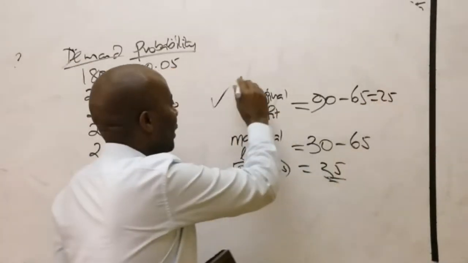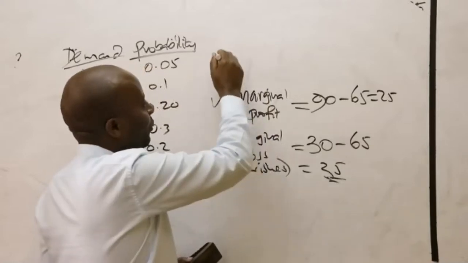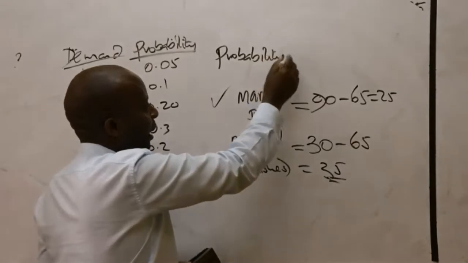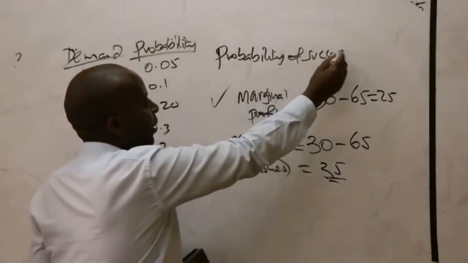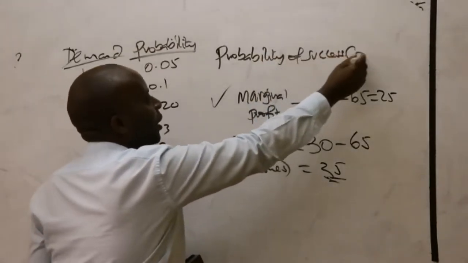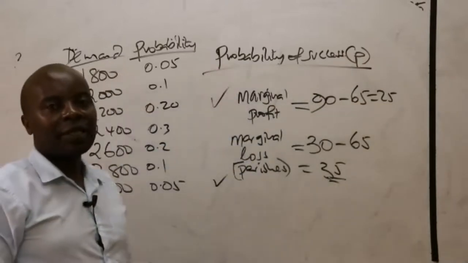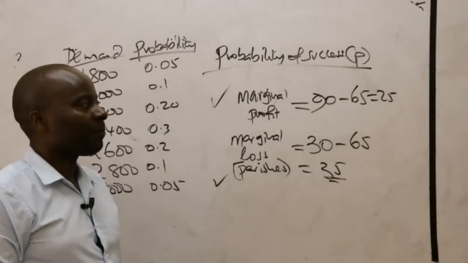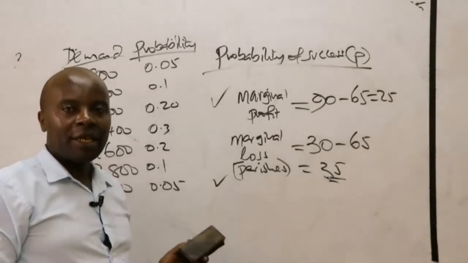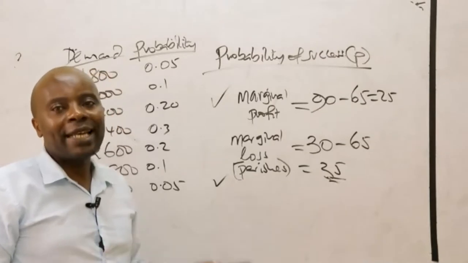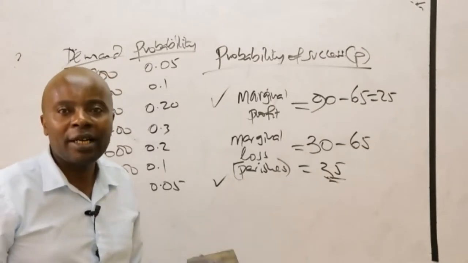So the next step will be for you to give us what we call the probability of succeeding, the probability of success, which is normally abbreviated by P. Remember, for us, success is the ability of selling everything.